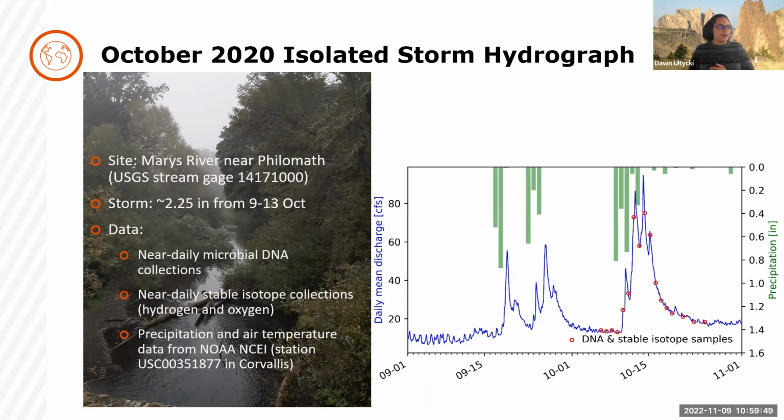Just looking at individual taxa and finding relationships between phylogenetic groups and discharge, and seeing if we can see some actual relationships between how the microbial community responds to hydrologic conditions at this really high temporal resolution. We collected daily samples for about 2 weeks. And we found some really interesting stuff. So I'm writing that up, and hopefully it'll be out soon.